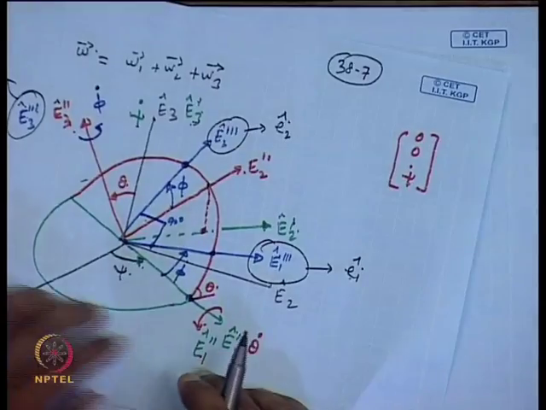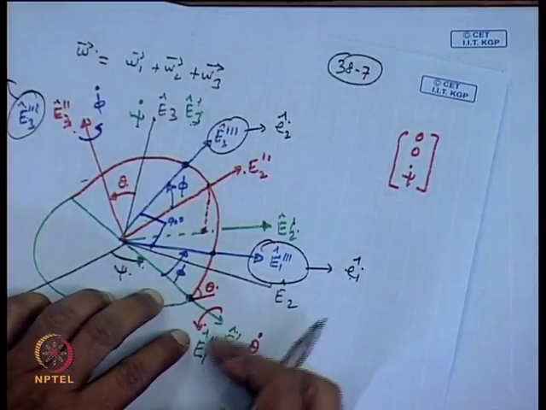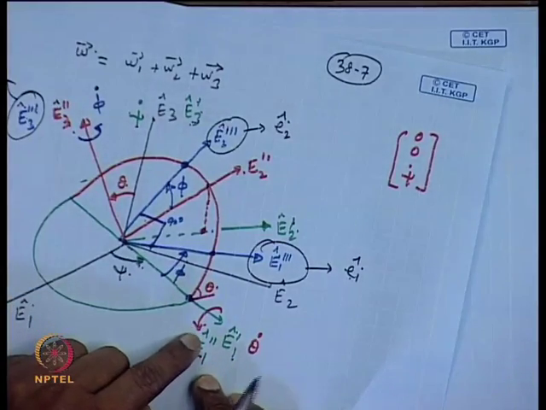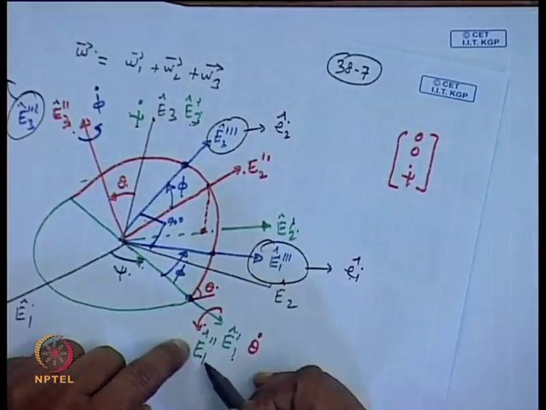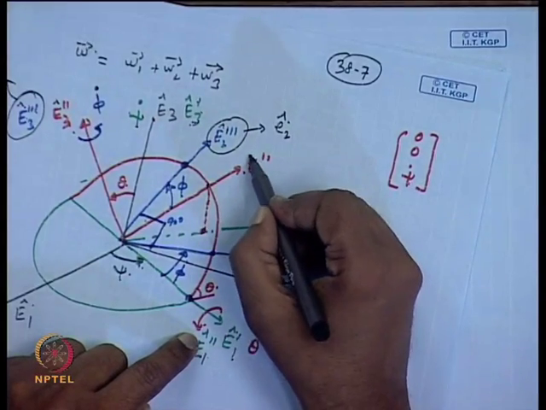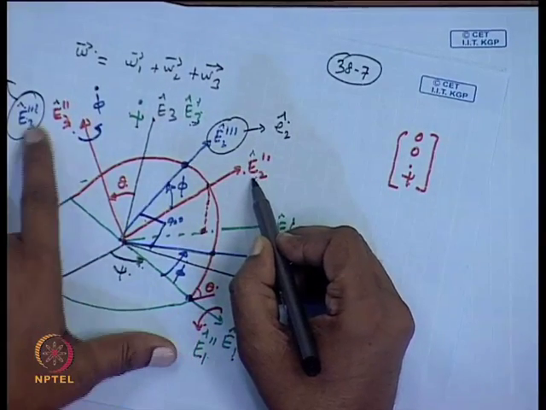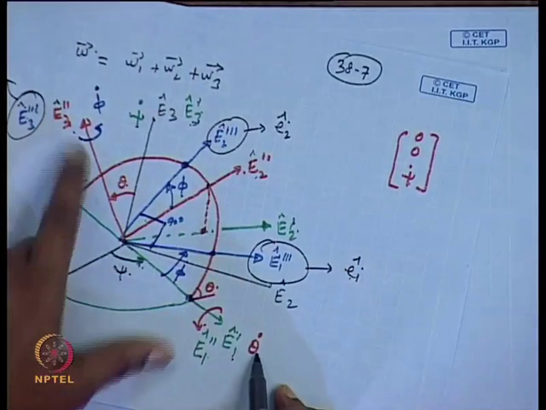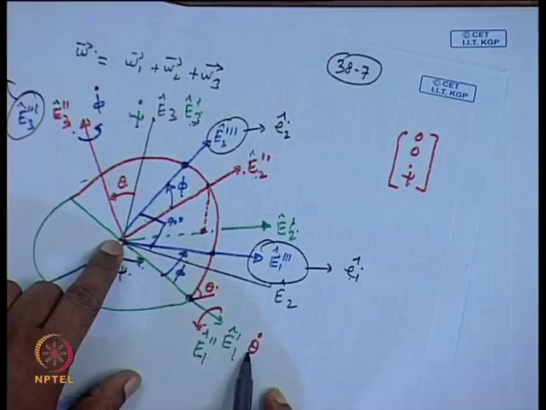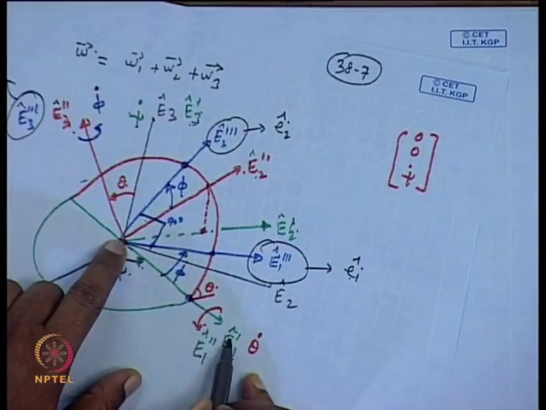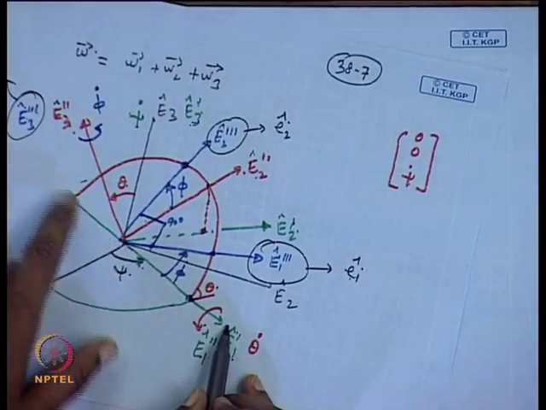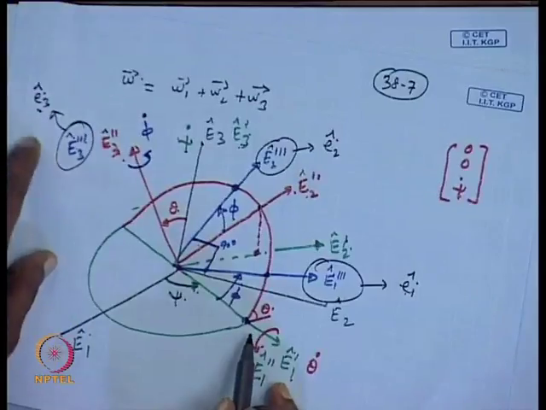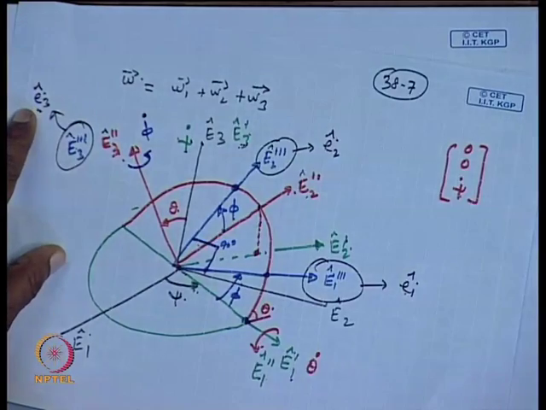Okay, and theta dot, if you have rotated now about this x, you can see this is along the E 1 double prime direction, and this x can be described as E 1 double prime, E 2 double prime cap and E 3 double prime cap. Okay. So, theta dot is directed along the direction 1. Now, this is to be converted into the final x, which is E 3, the body x.